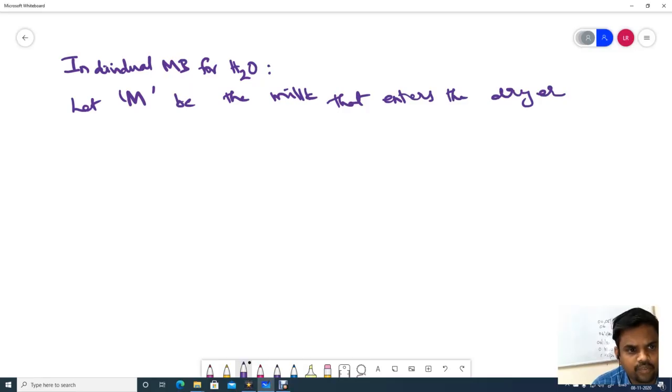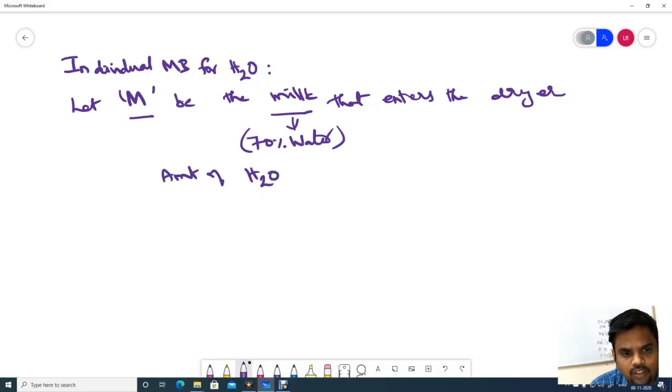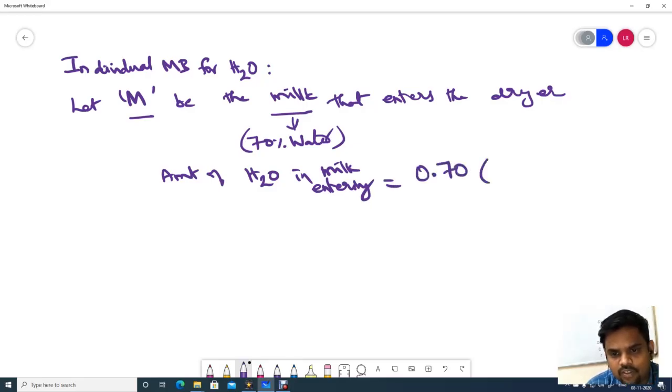It is given that milk contains 70% water. So the amount of water in the milk entering is equal to 0.70 times M.